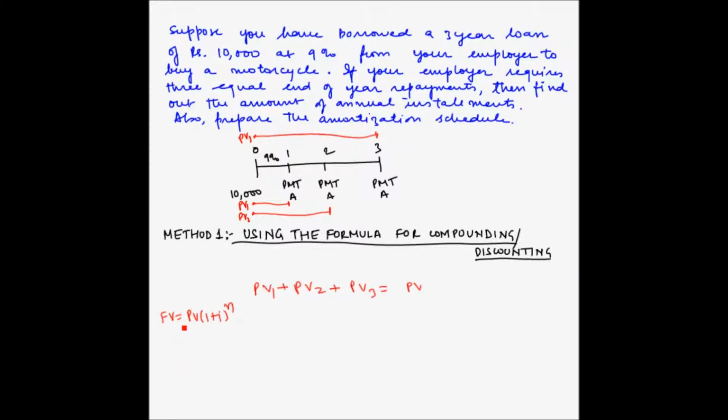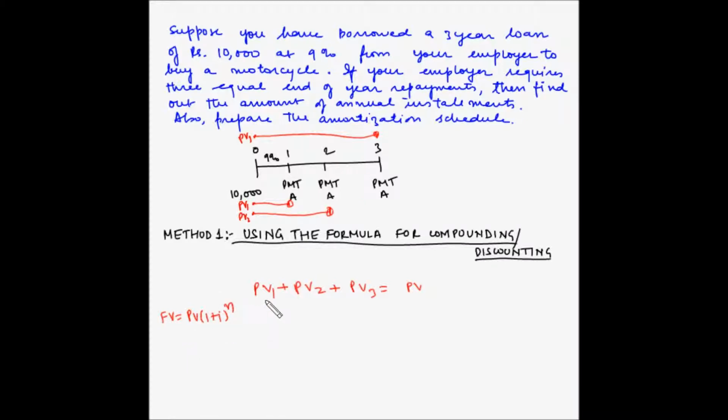Now as per this formula, if we consider this on the time scale, basically this PV will take values of PV1, PV2 and PV3, and this FV, that is future value, is nothing but the payment amounts which we are going to pay in installments, and these are going to be the same for all the 3 installments.